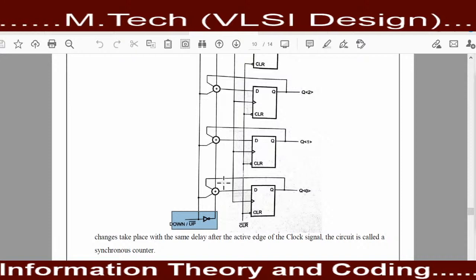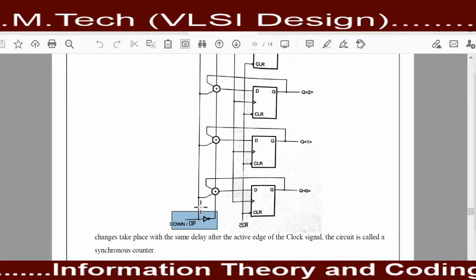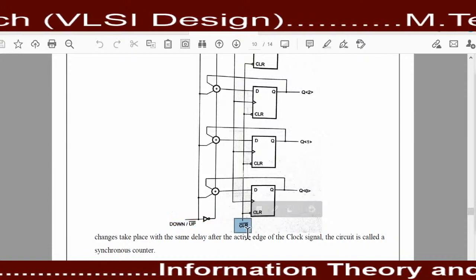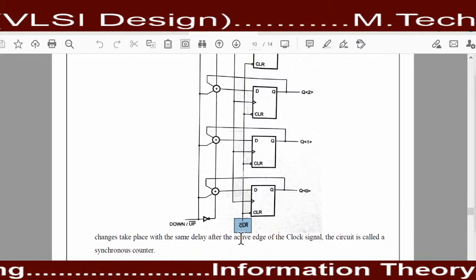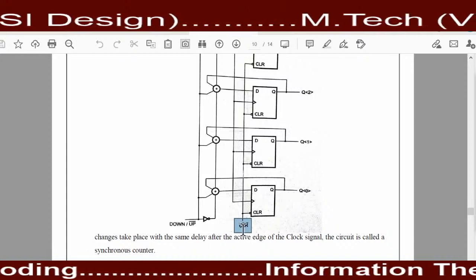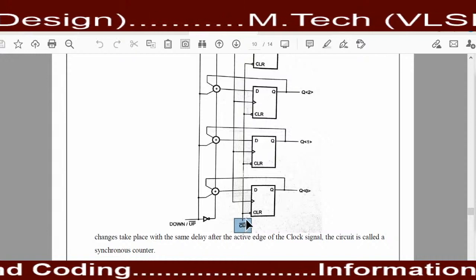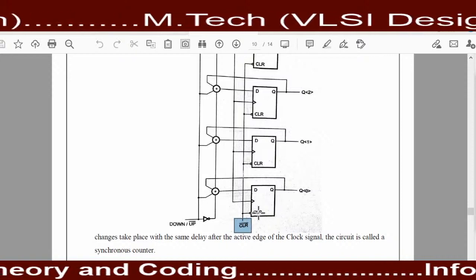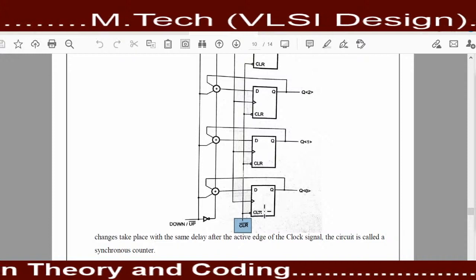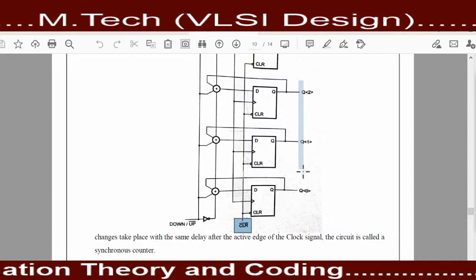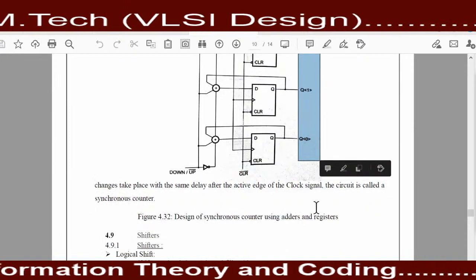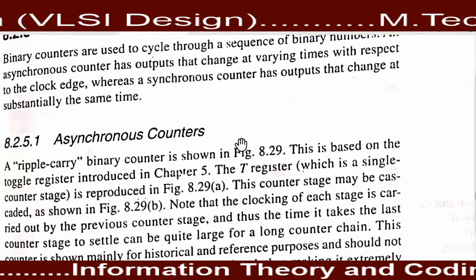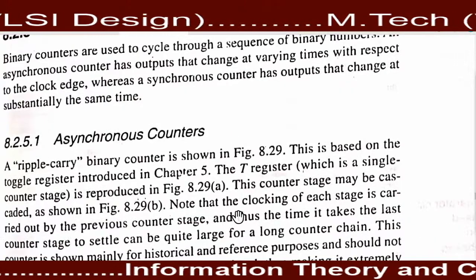The flip-flop works on the down sequence of counting, or it moves towards the up sequence of counting, and this clear pulse is applied to reset the flip-flop. When the clear pulse is 0, the clear bar will be 1, and when we provide clear bar equal to 0, it gets the signal of clearing the flip-flop, and at that time the whole output of the flip-flop will be 000. Okay, so this one is the counter part of your VLSI system design.